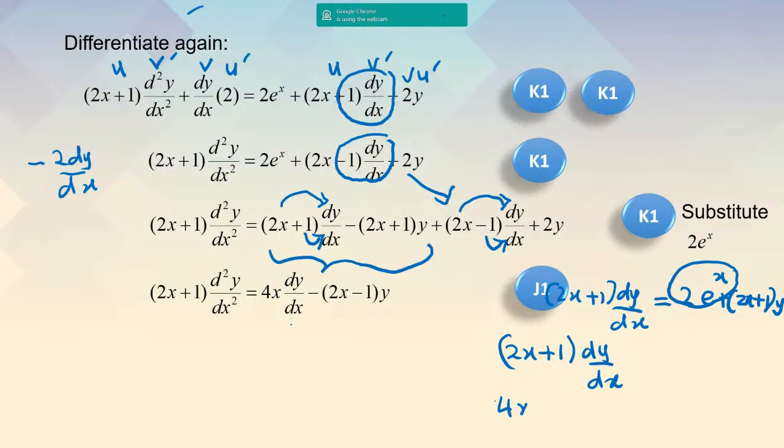So 4x dy over dx, minus 2x minus 1 times y, and then this one plus y, 2xy plus y, negative 2x, and then expand, minus 2x minus y, then plus 2y, we will get minus y.